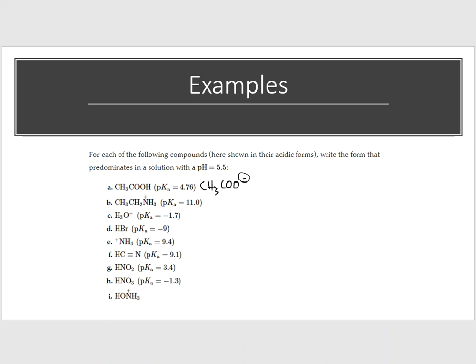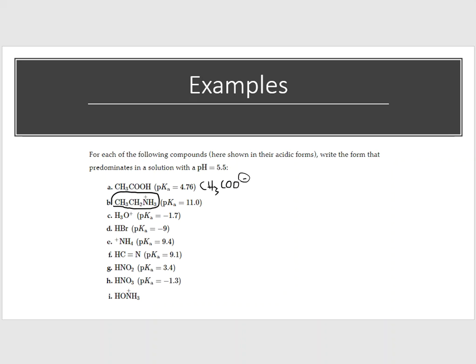For part B, this molecule says I'm keeping it until you go above 11. Well, it's not above 11. So this molecule stays intact. It does not act as an acid yet. It could, but as of right now, it's not acting as an acid. It's going to stay and keep that hydrogen.